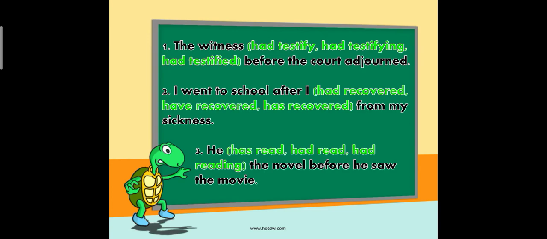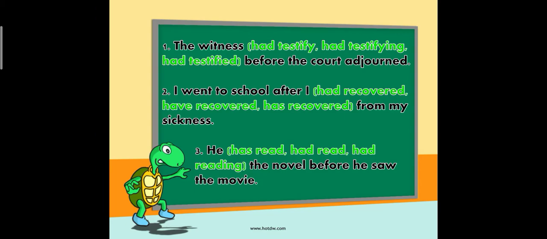Number 1. The witness had testify, had testifying, had testified before the court adjourned. Number 2. I went to school after I had recovered, have recovered, has recovered from my sickness. Number 3.